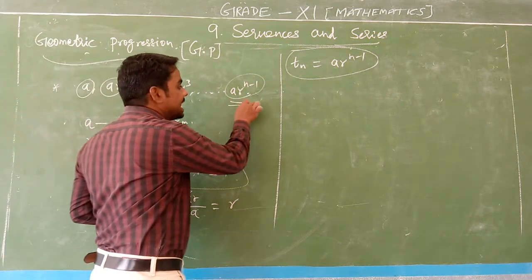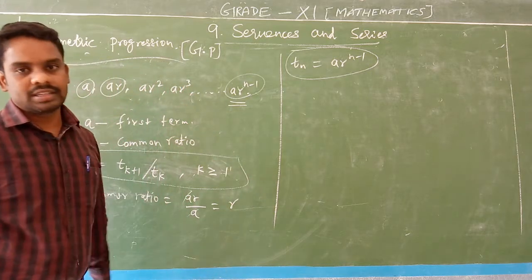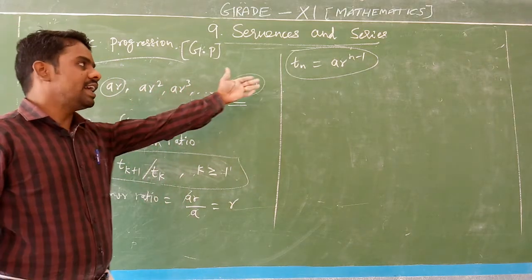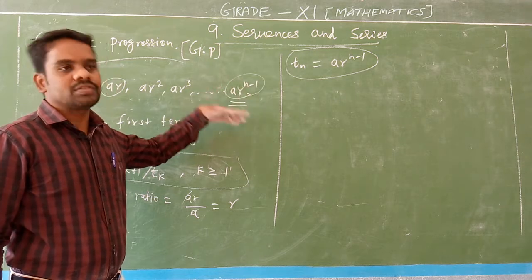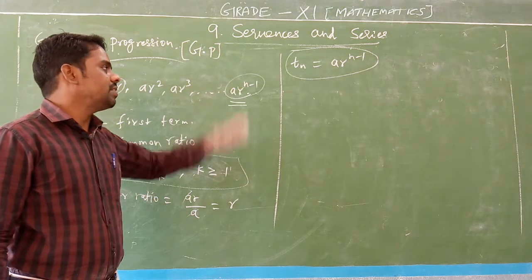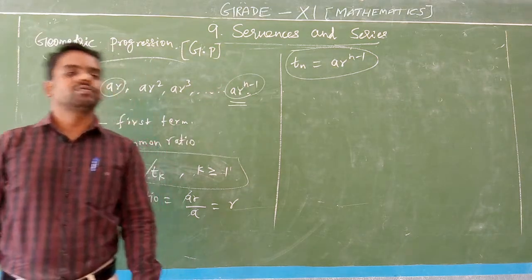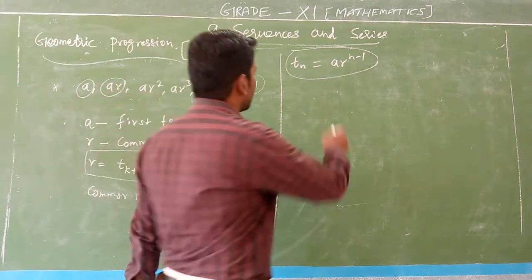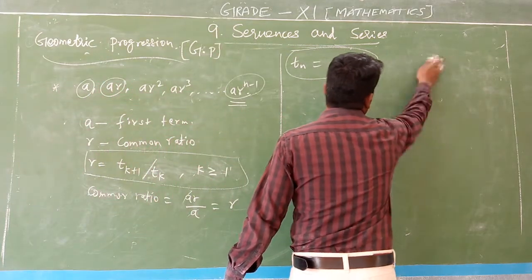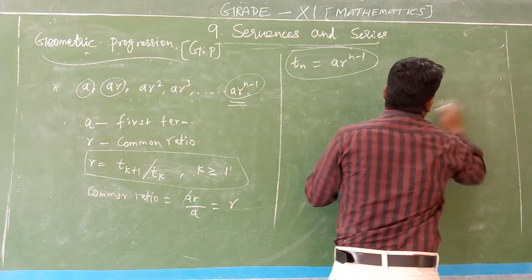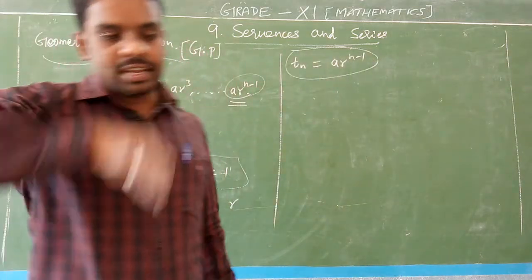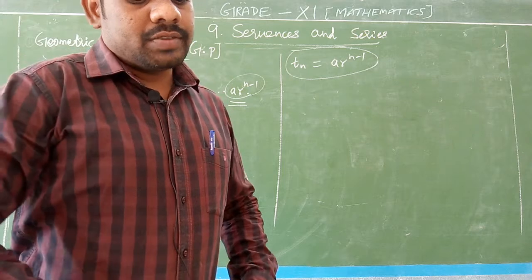The last term is l, that is the last term of the given sequence. The nth term is a r power n minus 1, and the last term is the same, so l is equal to a r power n minus 1. Next, the nth term is a r power n minus 1.